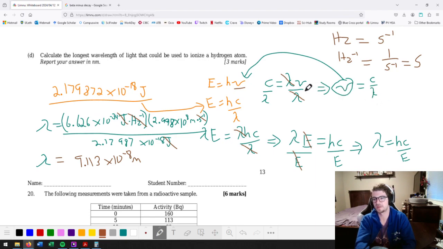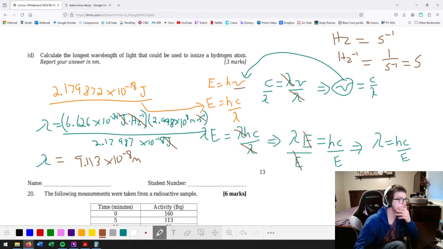Because I changed this equation into this form, I can substitute the nu for c over lambda because it equals the same thing. So I'm just doing in one step what you're doing in two, but they're absolutely equally valid ways to tackle this.